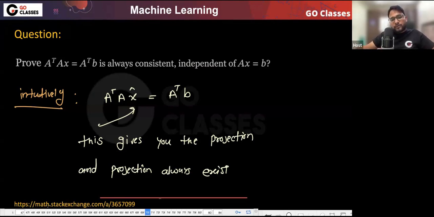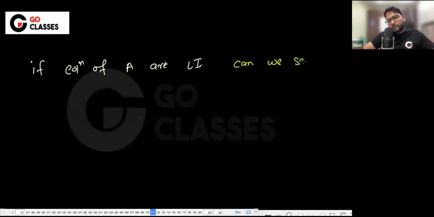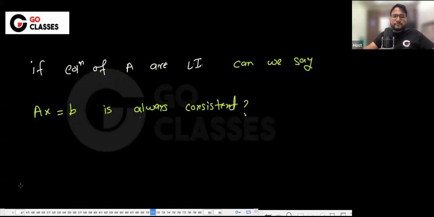By the way, tell me, if columns of A are linearly independent, then can we say this? What do you think?